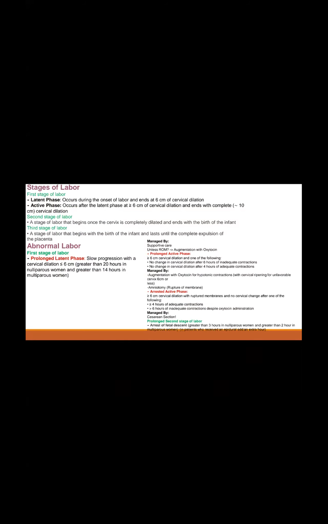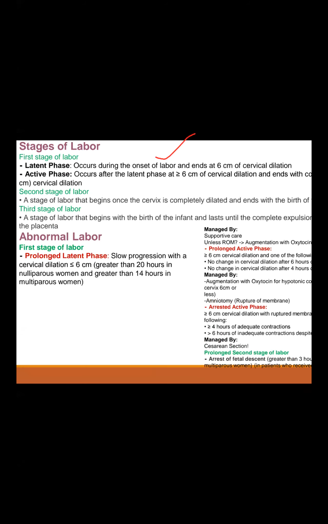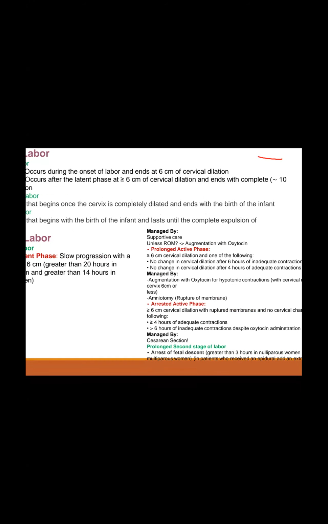Now stages of labor. First stage of labor. In the first stage of labor, there will be the latent phase and then the active phase after it. So latent phase means what? Onset of labor until 6 centimeter cervical dilatation. When the labor has started and the cervix is dilated till 6 centimeter, it is latent phase.